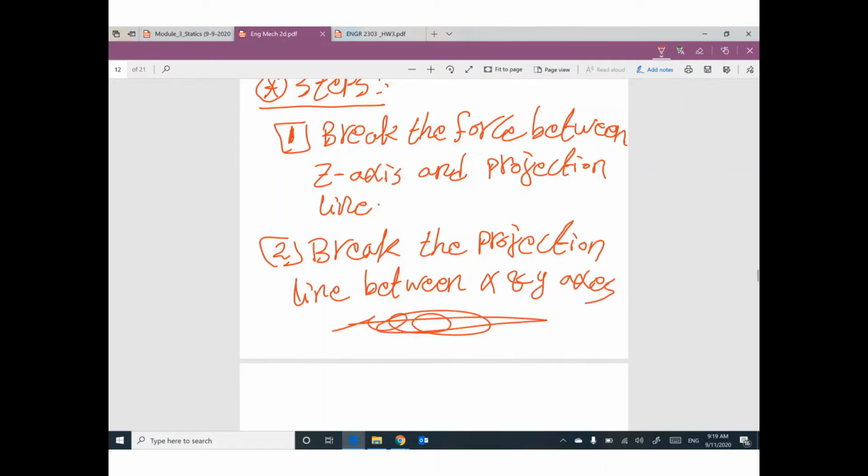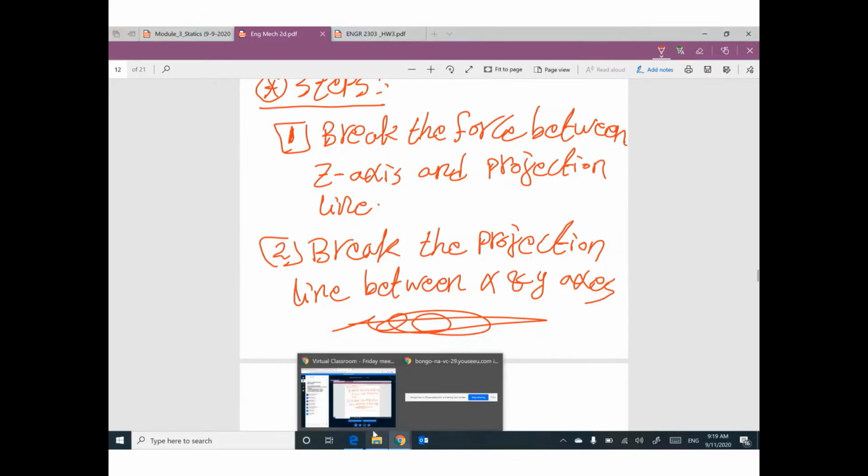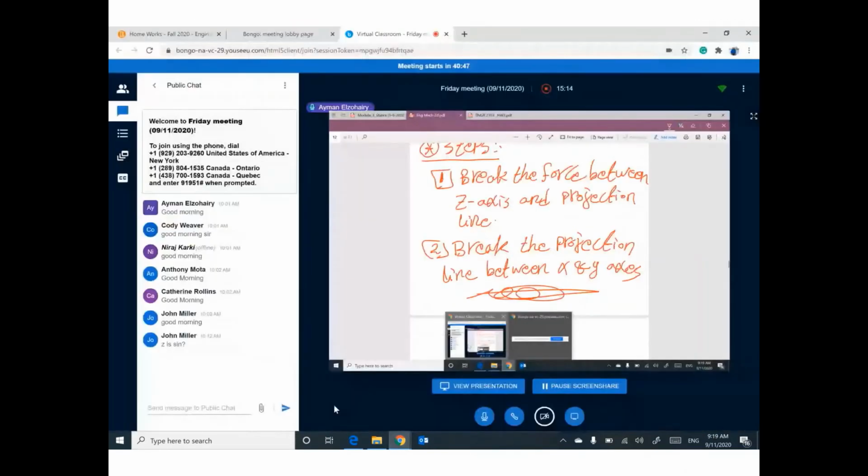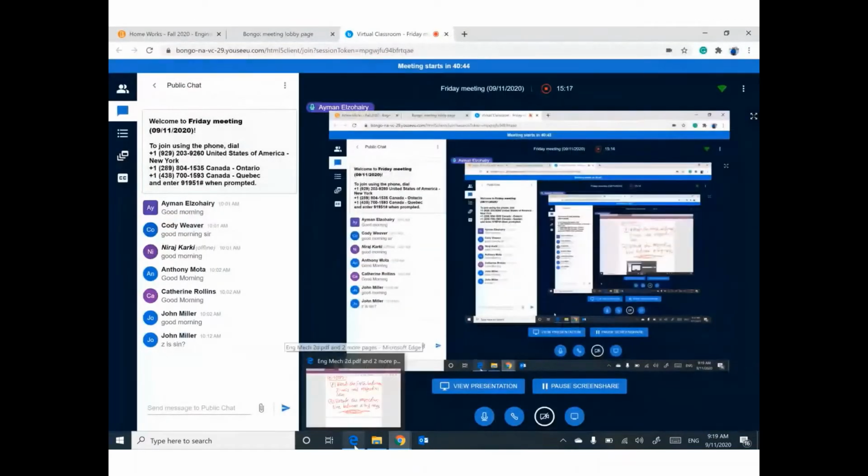Just only two steps. Only two steps. Before starting an example, any question? Any question for this point?